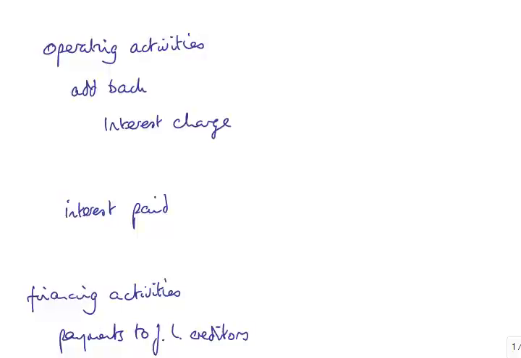So that needs to be added back to our profit before tax. Now, interest paid. That interest charge includes some interest which we've not yet paid. And when we paid interest, we didn't just pay interest for this year, we've also paid some interest for last year.